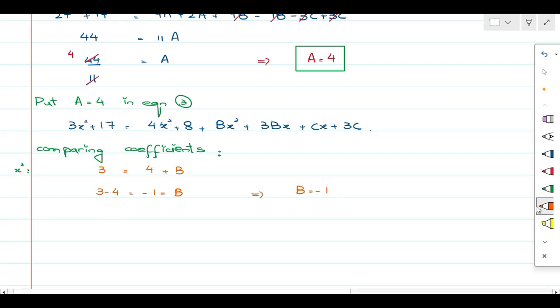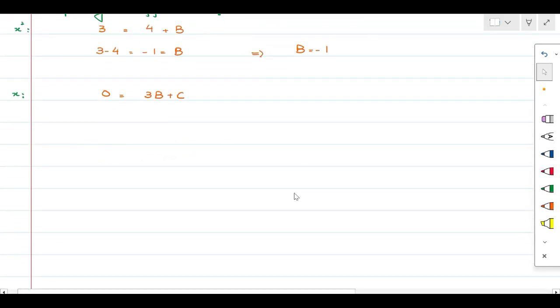Now in the next case, let's compare the coefficients for x. So comparing the coefficients of x, there is no x term, 0 here. X term is 3 times b plus c. From here you will get the c value. Let me solve for c.